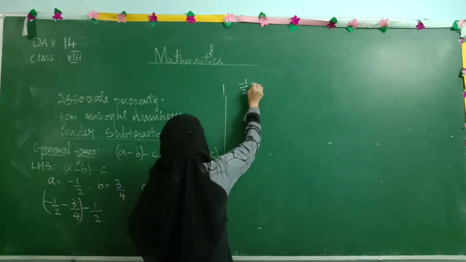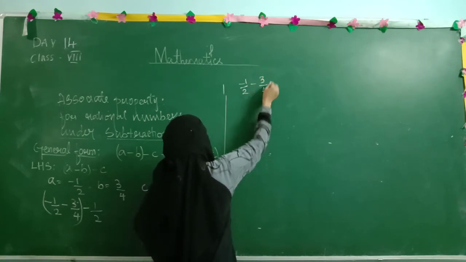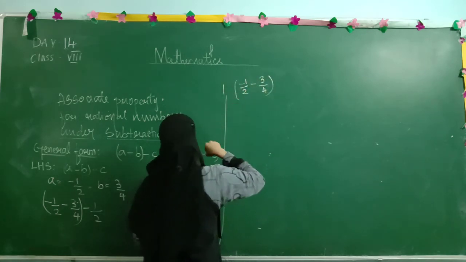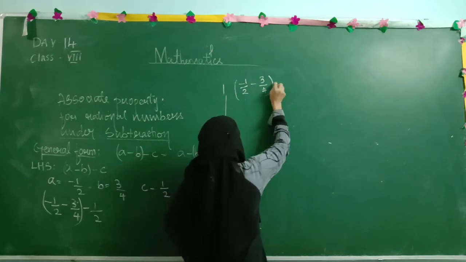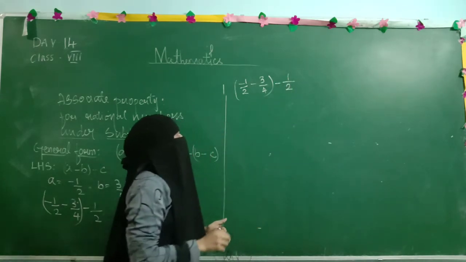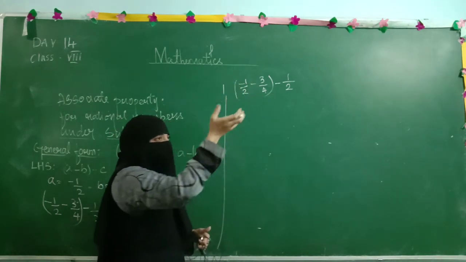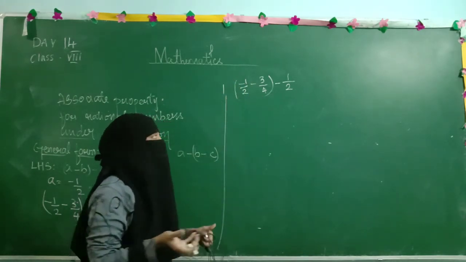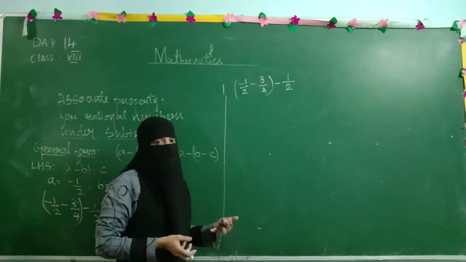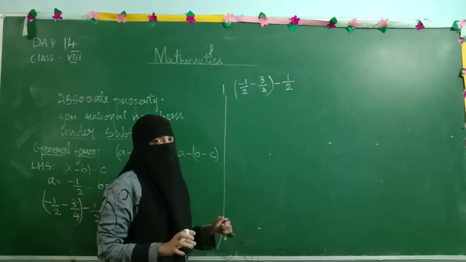Minus 1 over 2 minus 3 over 4 are within the brackets, and the result gets subtracted with 1 by 2. Now, whatever operations, addition or subtraction, we need to perform here, first we focus on the denominators, and we observe that the denominators are not the same. So what to do?